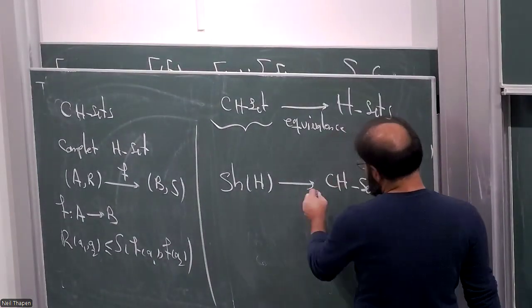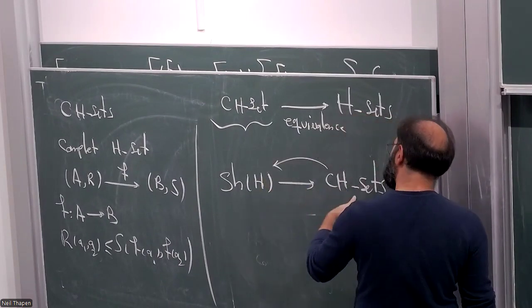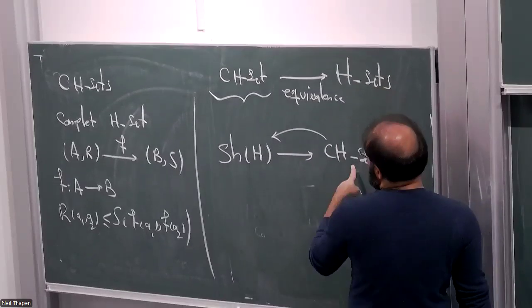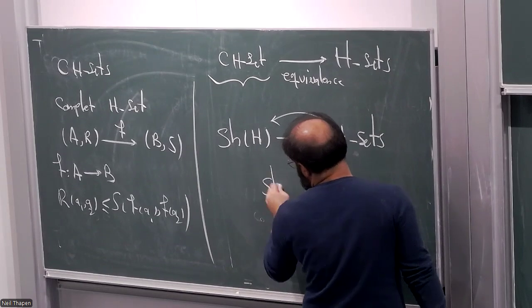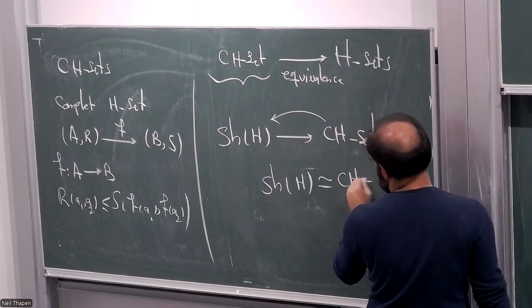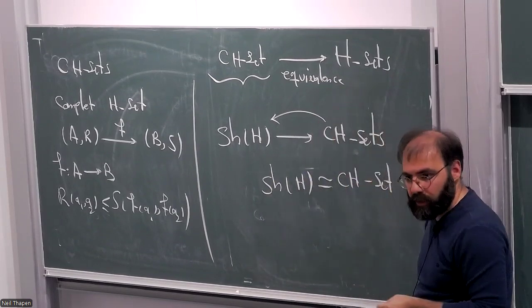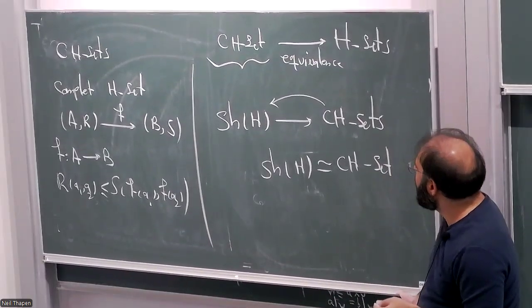So that explains that the backward map, or if you want the surjectivity, actually works simply because you land in complete H sets. And then you prove that you have equivalence between the two, and therefore you have equivalence with the first, right? So that is just the structure of the proof, if you like.